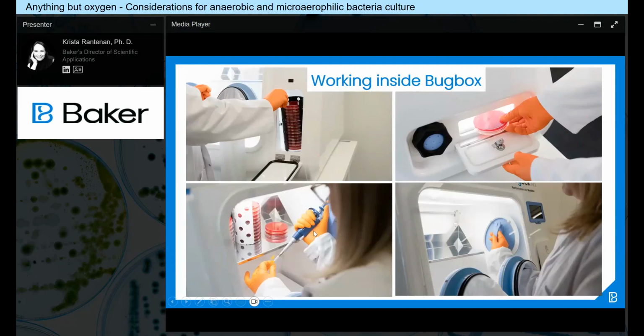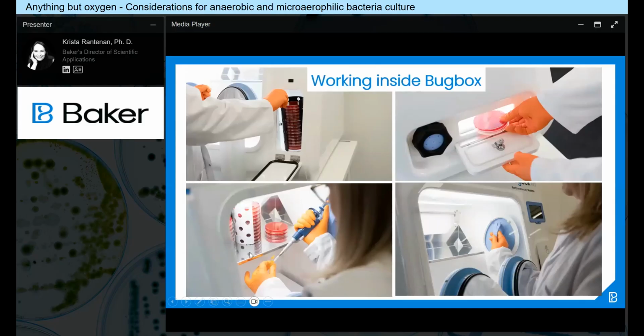The glove port doors will hang on the sides of the workstation, so the whole bench space is available for working, and the materials can then be incubated and left on the shelf, or if there is a rack system inside the workstation.